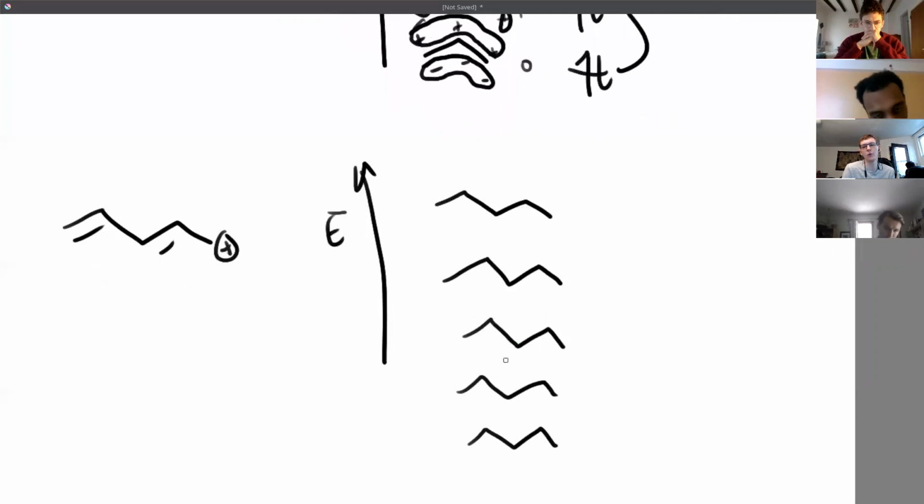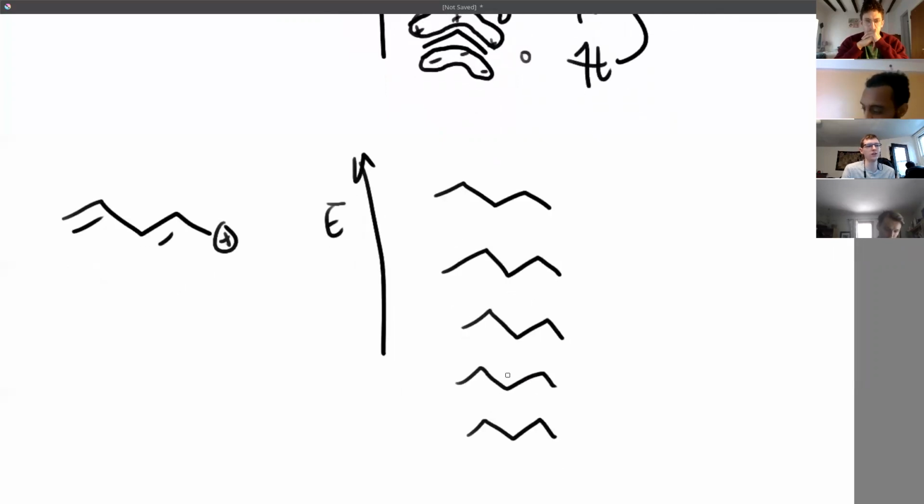The reason is because we want to be able to fill in with nodes up till we get a node between every atom.